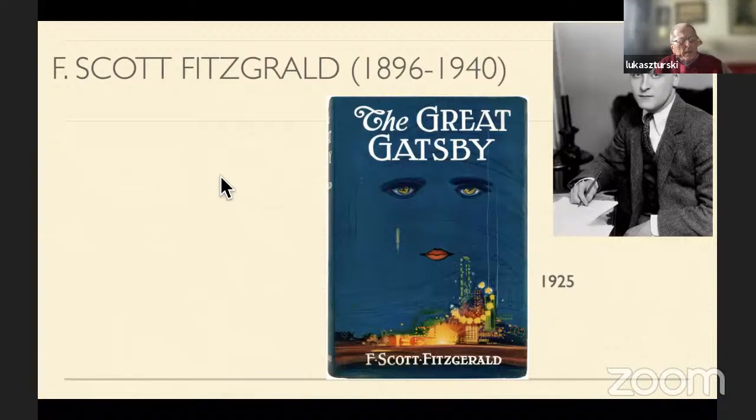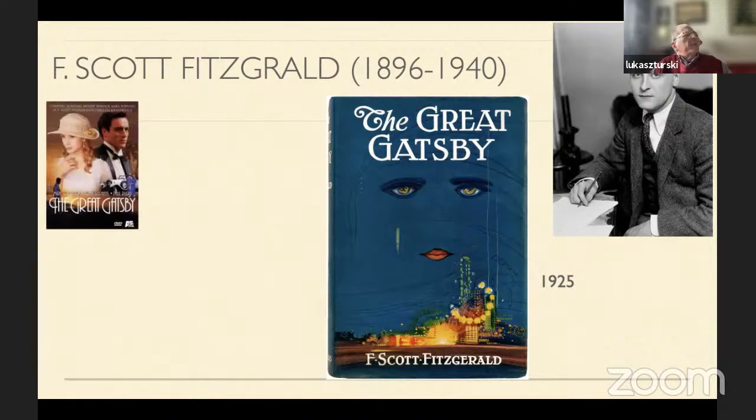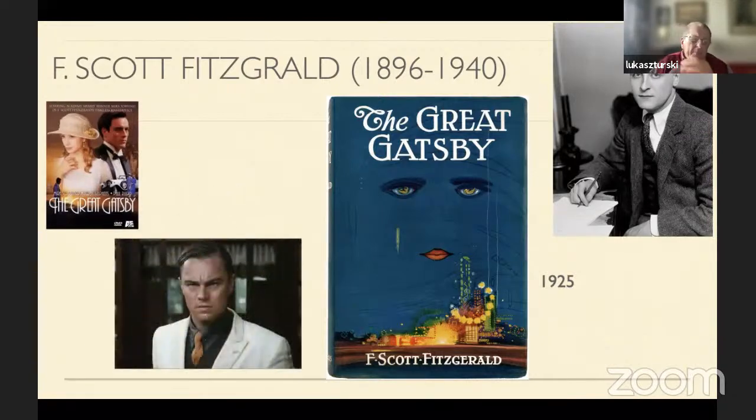And that's the book which you might have seen converted into the movie. And I believe that this is a dream of many male film actors to star as Gatsby in consecutive remakes of that movie.